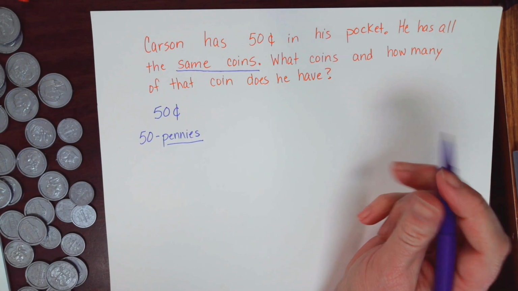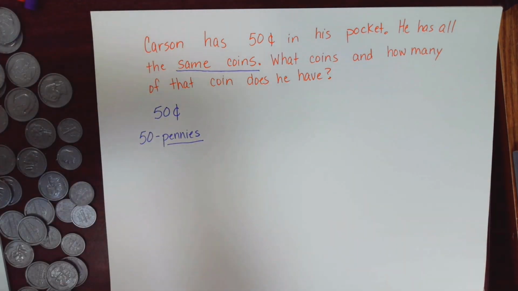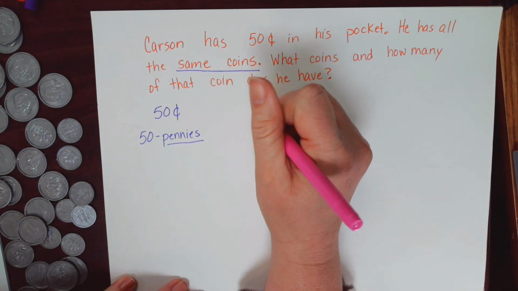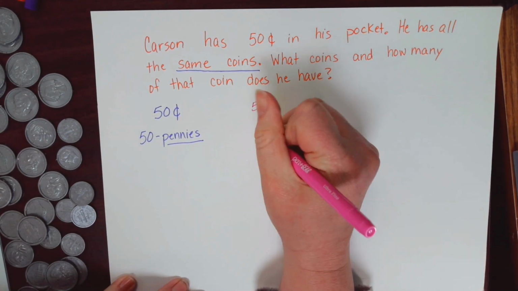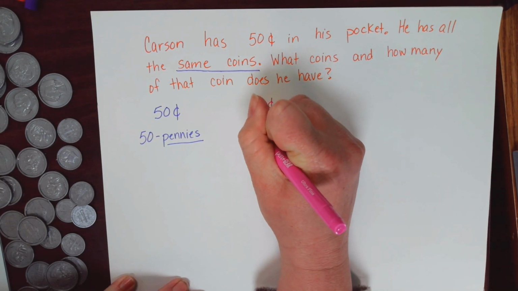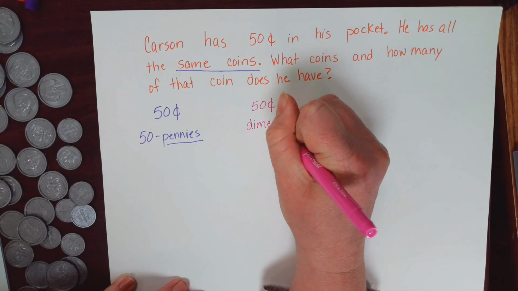But I sure hope you didn't stop at one answer, because let's think about our dimes. So let's go with 50 cents again, and let's think about our dimes. Can I get to 50 with my dimes?